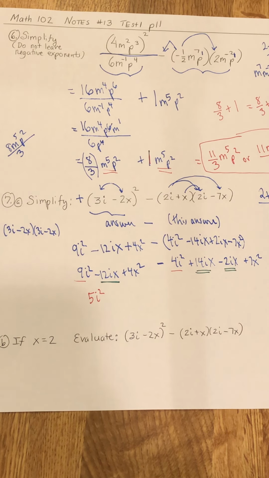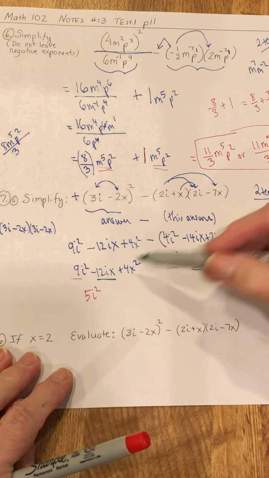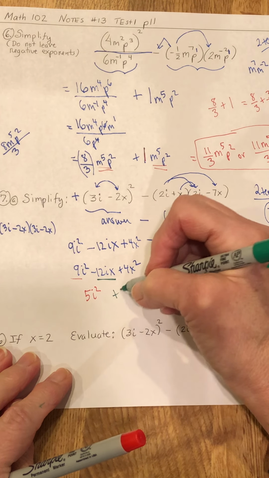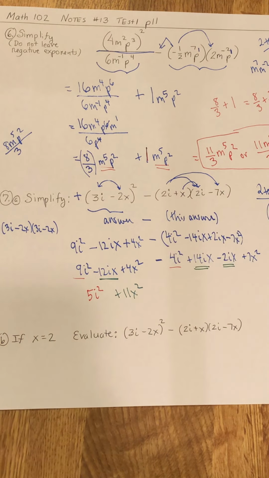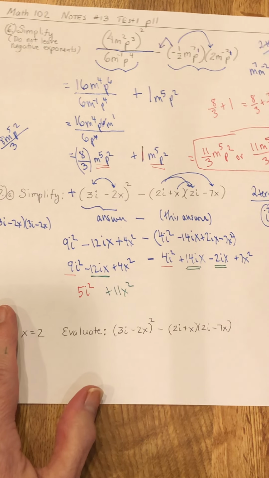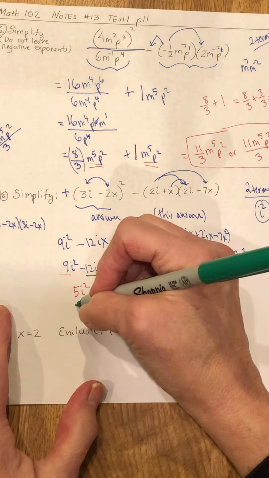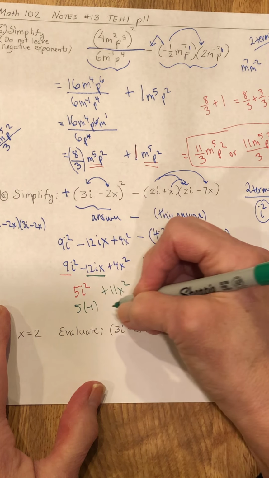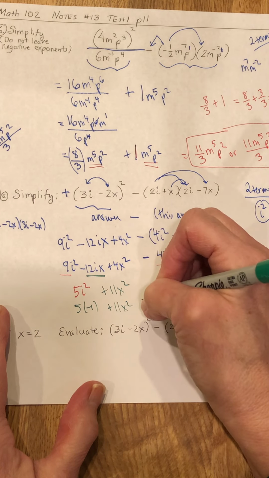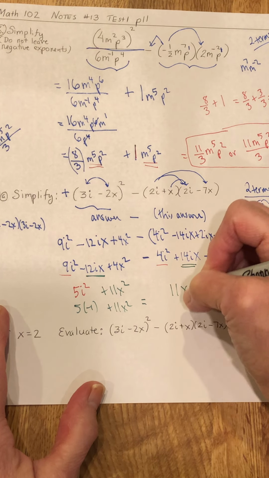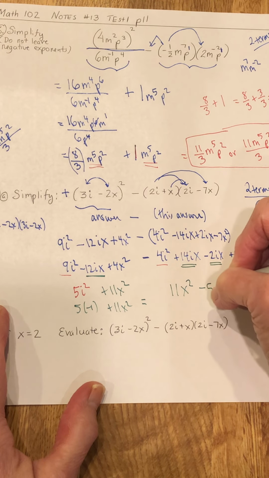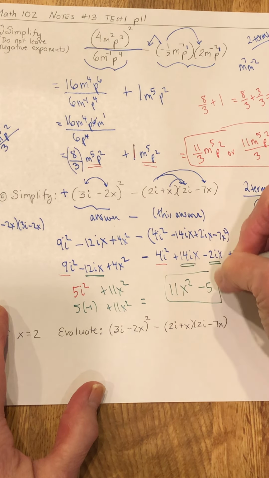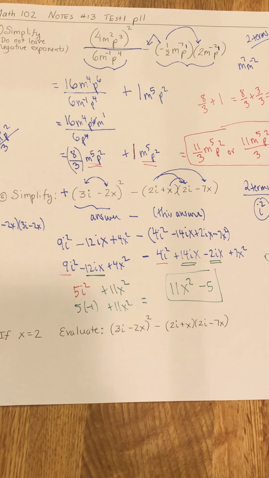Oh, that weird term, ix term, it goes away. Isn't that nice? And then we have 4x squared plus 7x squared. So that's plus 11x squared. Now I'm going to remember i squared is -1. So this is 5 times -1 plus 11x squared. This mess is just 11x squared minus 5, all that turned out to be.